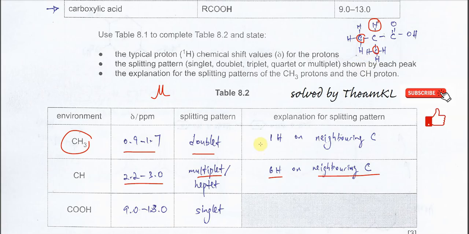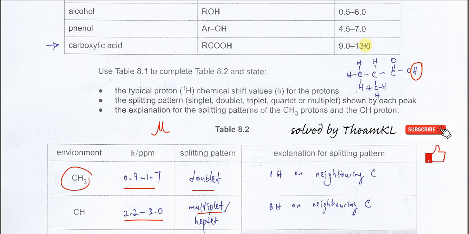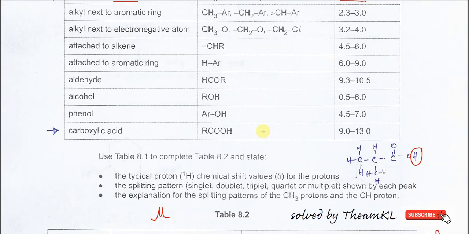Okay, the last one is the COOH, which is this proton. This proton actually has no coupling, because the adjacent carbon has no proton to couple with, and this H is not really bound to a carbon. So it's going to follow the last one in the table.